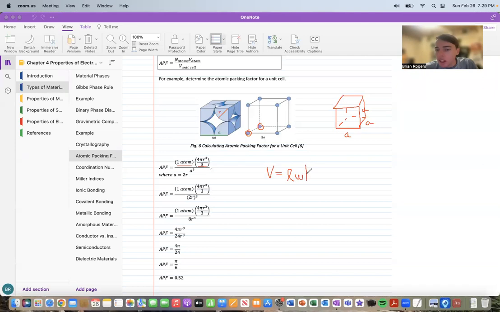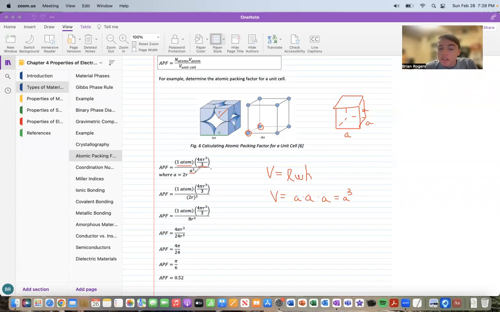If they're all A, then the volume is A times A times A, which is A cubed. So the volume of the unit cell is A cubed. That's why we have that in our denominator.